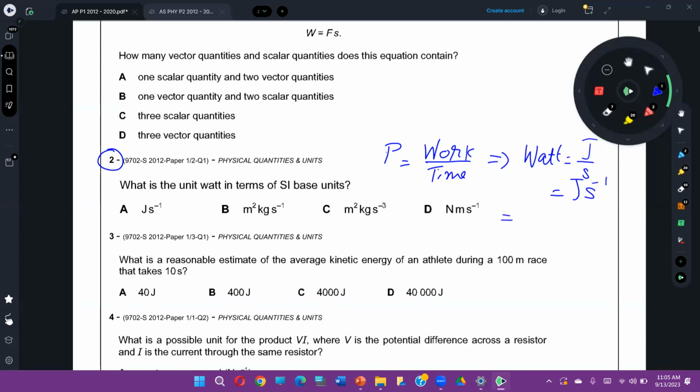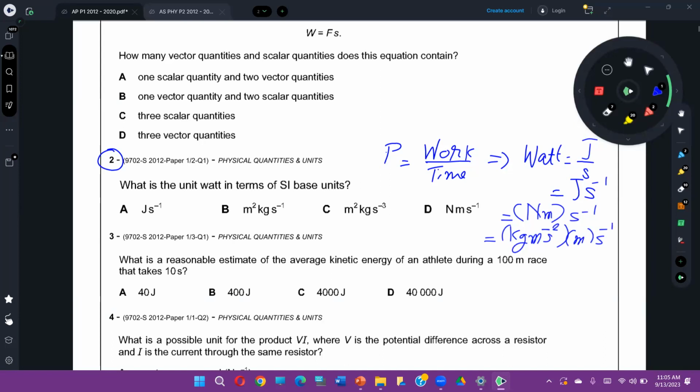We can simplify it. Now, joule will be equal to Newton meter, which will be into per second. What is Newton further? kg m s minus 2, kg m s minus 2 into meter into s minus 1. Attendance, please लगा लो.